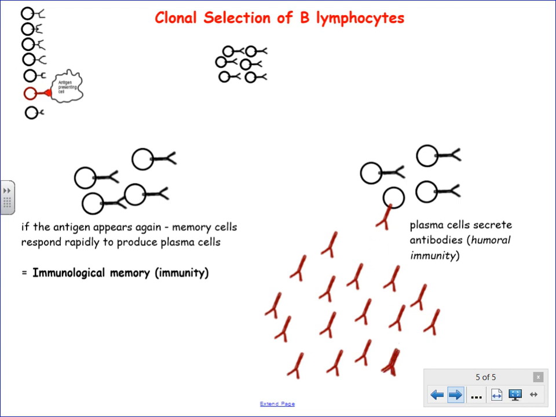So any pathogens with that antigen on, these antibodies are going to complementary fit to it and stick to it. The structure of antibodies and how antibodies work we'll discuss another time.